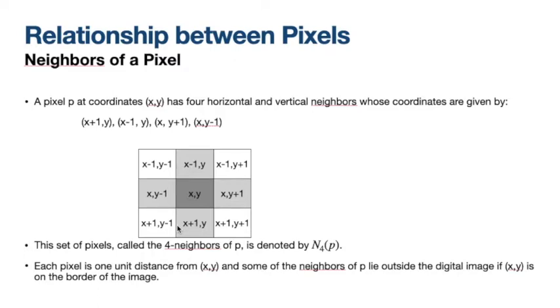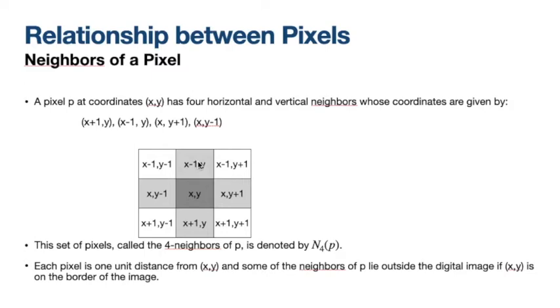Okay, then P and Q are 4 adjacent. So if this is P and Q is this, then this P and this Q are 4 adjacent.